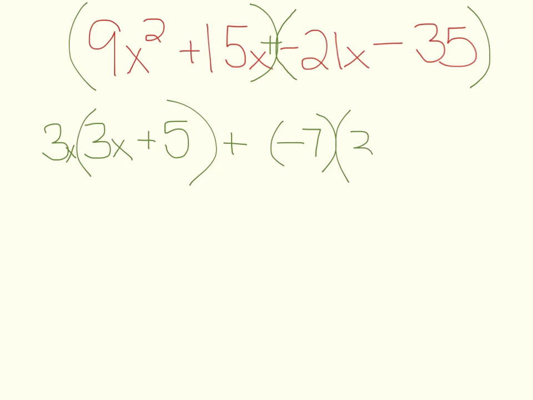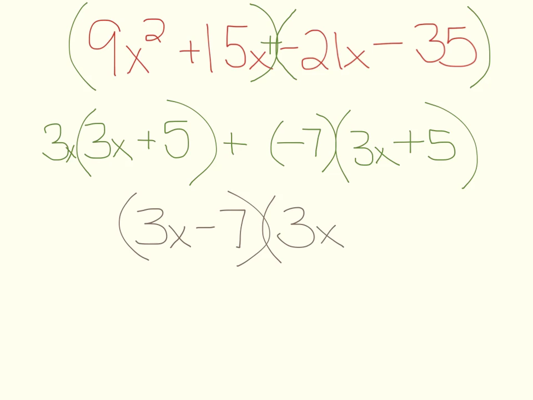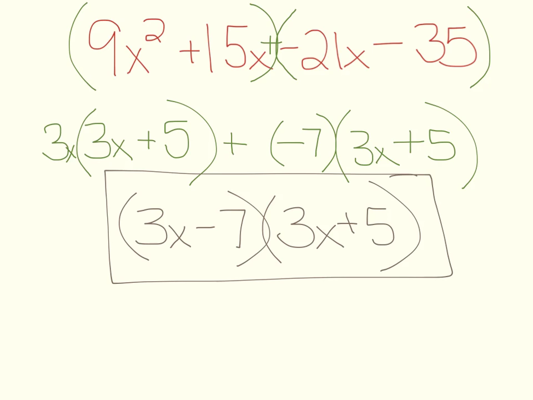And so this would be 3x plus 5. So then I would rewrite it as 3x minus 7 times 3x plus 5. So that would be my factored trinomial.